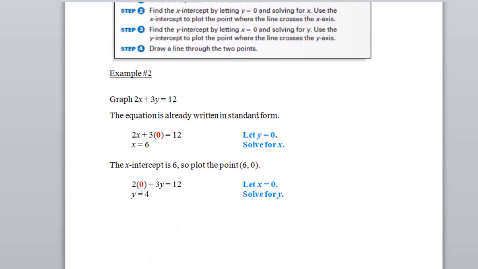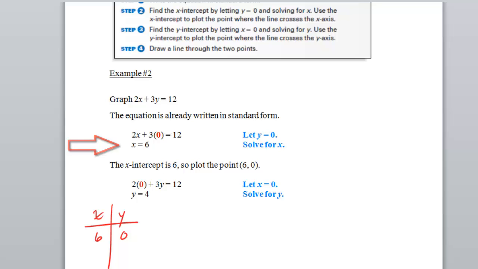For example number 2, we've shown on the actual example the t-chart method. If I took an x and a y and plugged in a 0 for the y, you can see in the first part of the example we end up getting a 6 for the x.